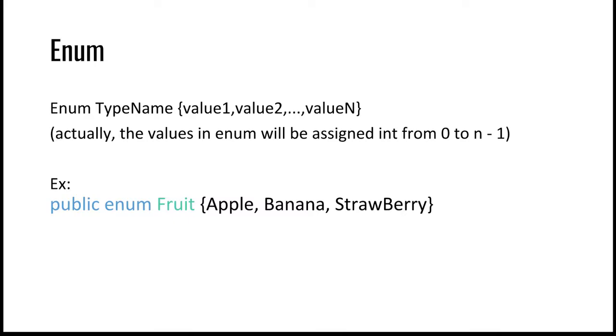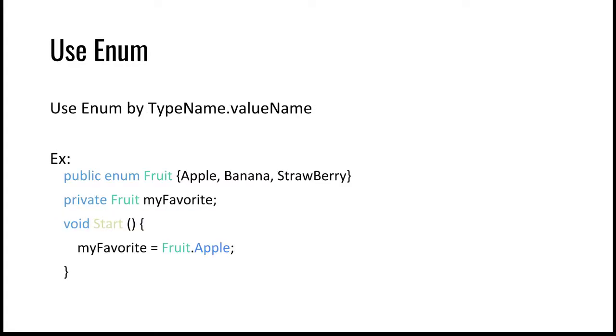So in this example, we have an enum that is fruit: apple, banana, strawberry. You can also have enums that aren't named, so they would just be apple, banana, strawberry. And you can access these with just fruit.apple or something like that.